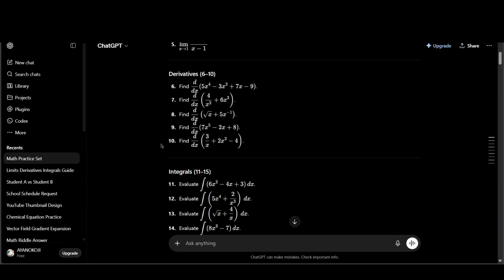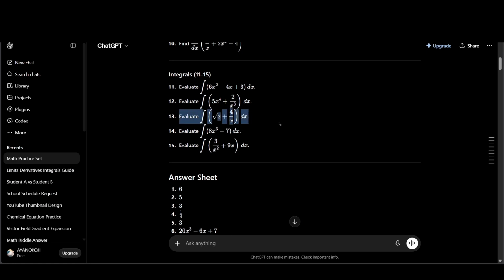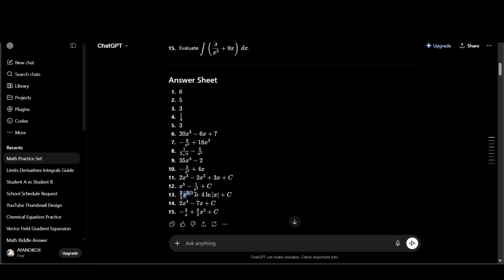How the hell did that happen? How did you solve 13? Problem 13.